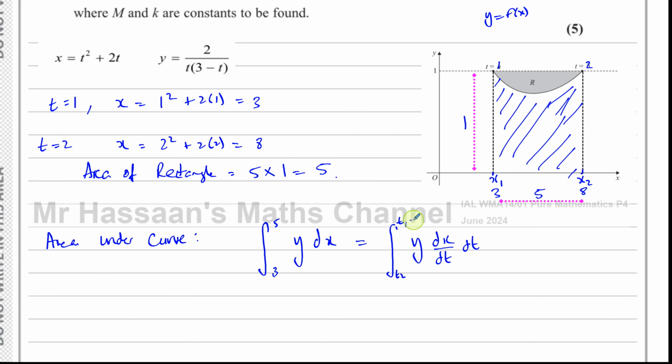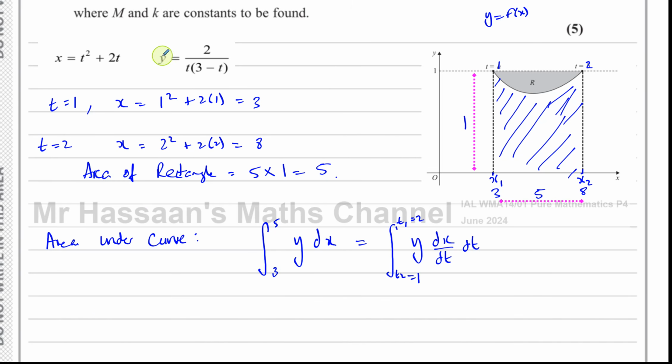So this is going to be 1, and this is going to be 2. When x is 3, actually, this is the other way around. Okay, when x is 3, we've got t equals 1. And when x is 5, t equals 2. So we have those values already. Okay, so that's no problem there.